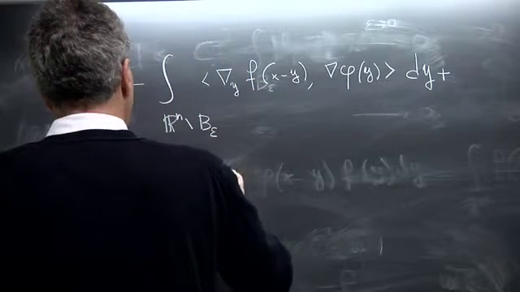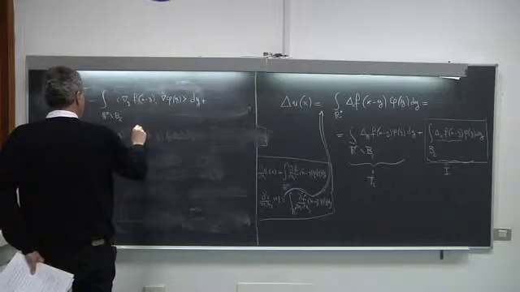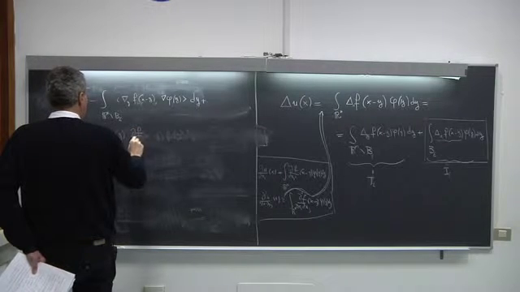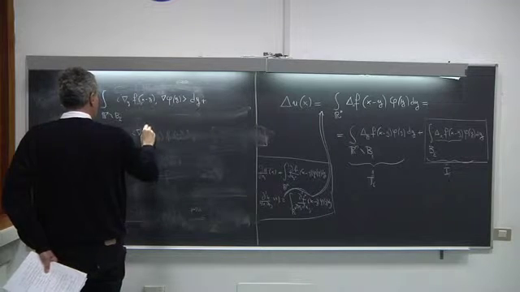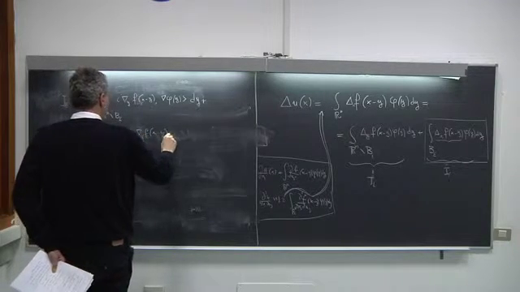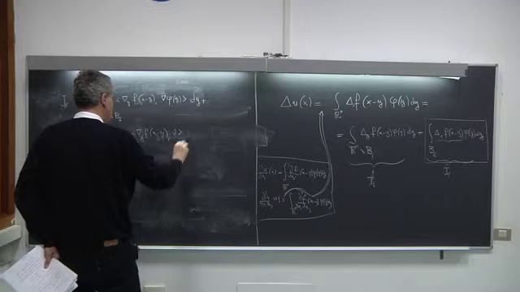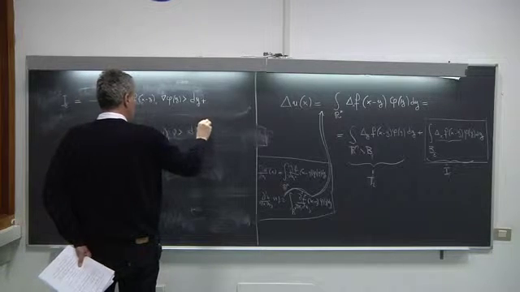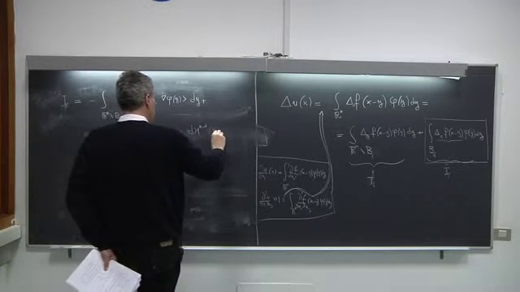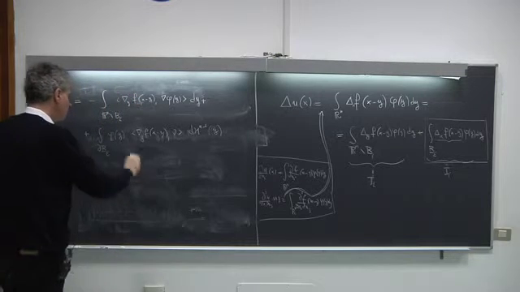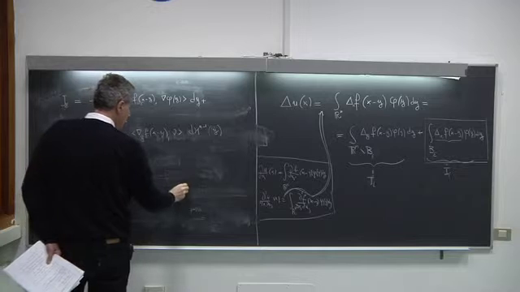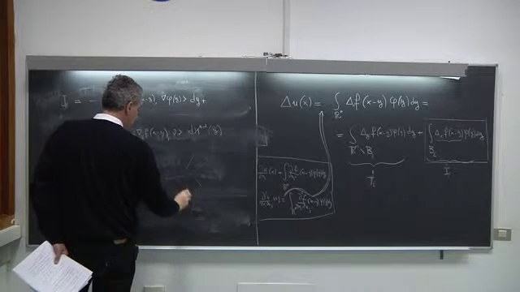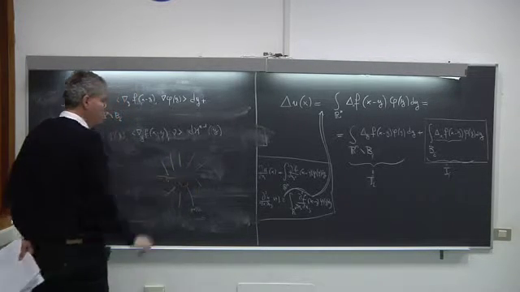So I have phi of y scalar product nu, where nu is outward. So I am working on R^n minus a ball.